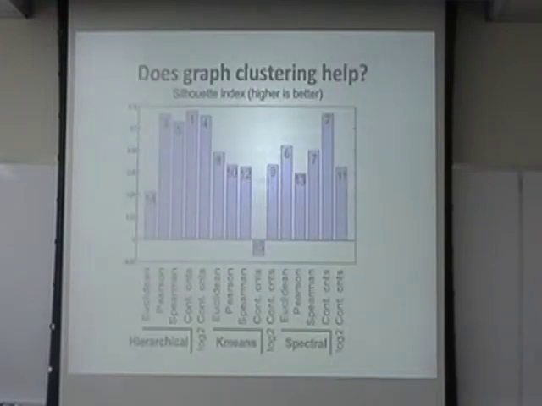So what this picture is telling you is, one could just take this matrix and apply a standard clustering algorithm. And we did that. And what you see here is what happens if you apply algorithms like hierarchical clustering or k-means clustering compared to spectral clustering.